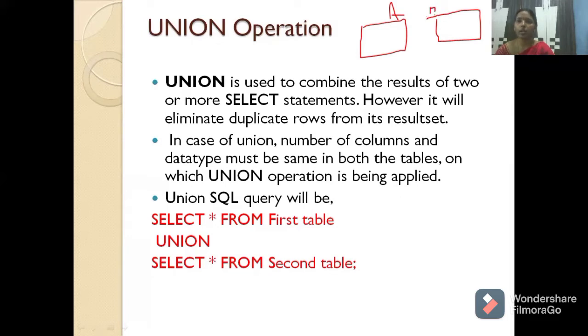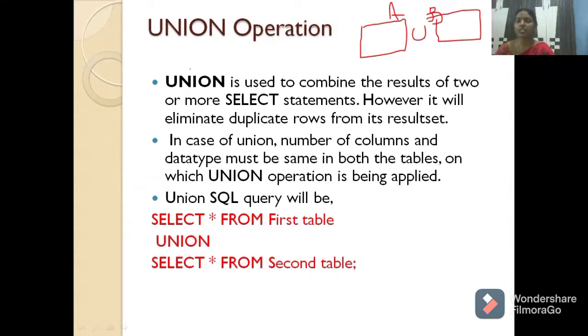Now I want to combine the data of A section and B section together and display it in one place. So what do we have to perform? We want to perform an operation called union.